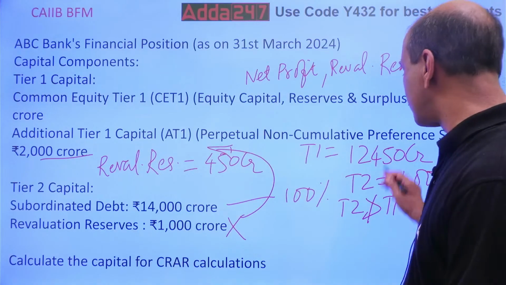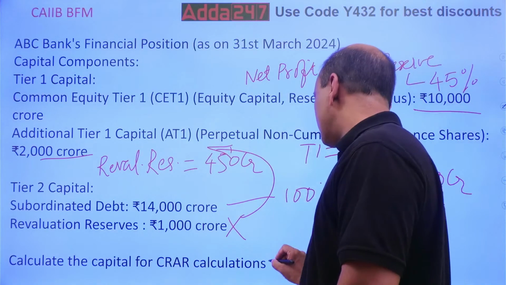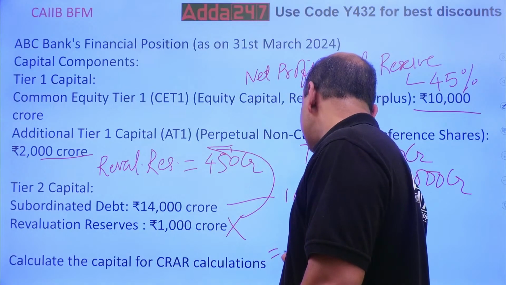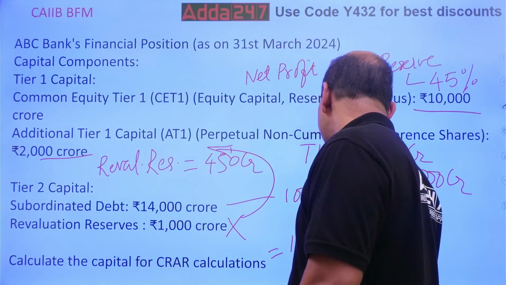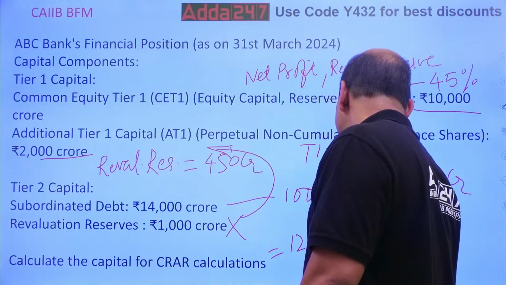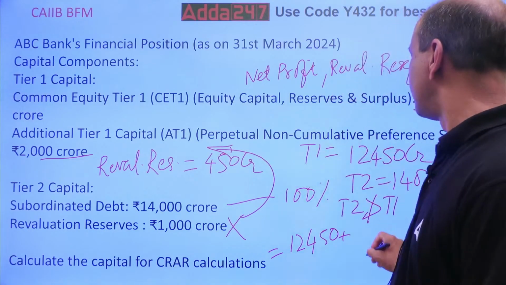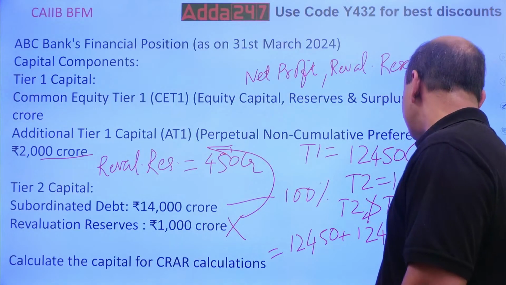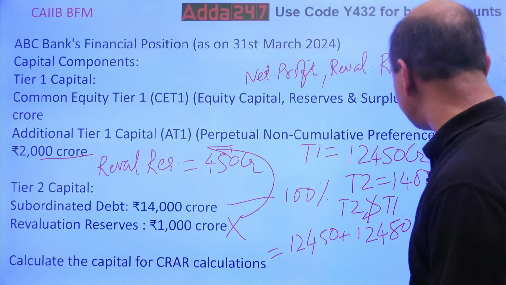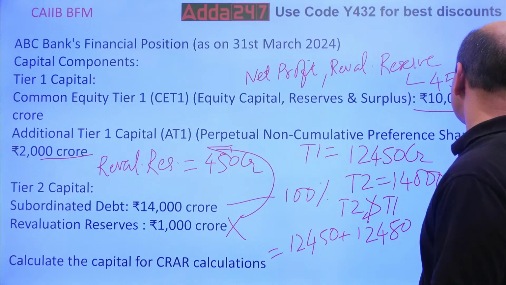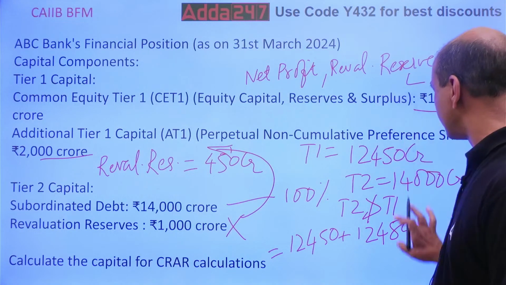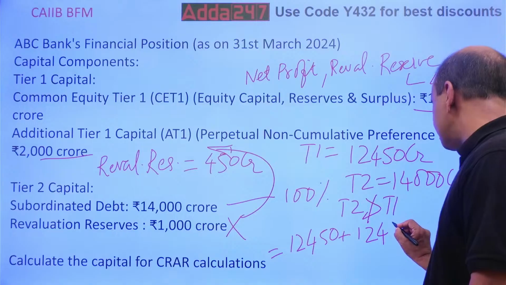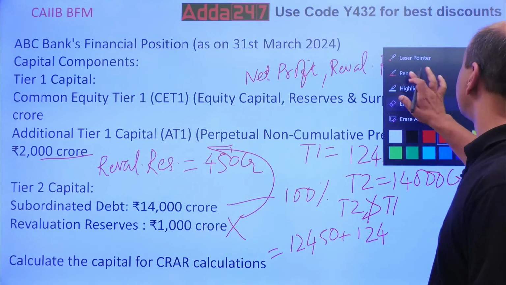Okay, so your total capital will be T1 plus T2, 12,450 plus 12,450. You'll have to take 12,450 only. You will not take 14,000 over here. You will take 12,450 only.